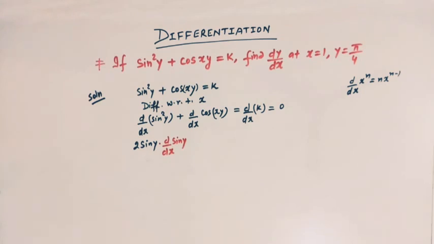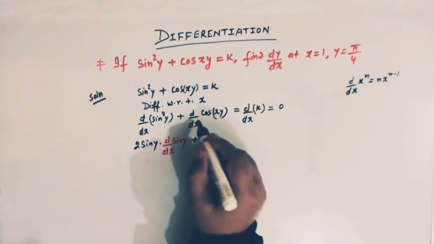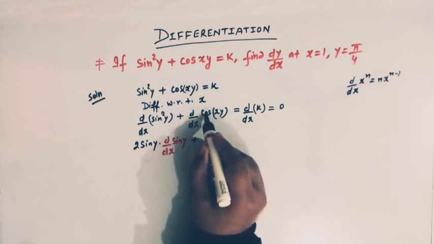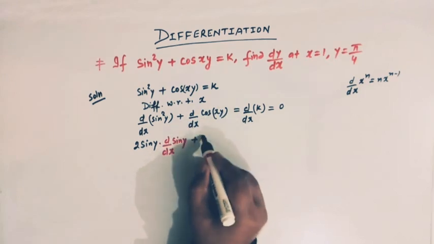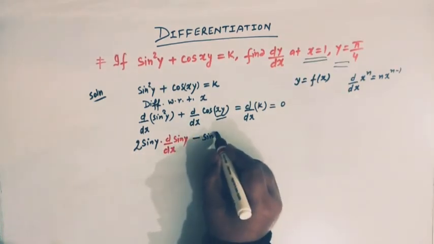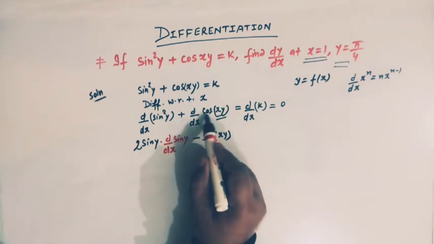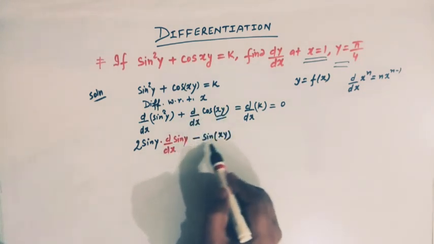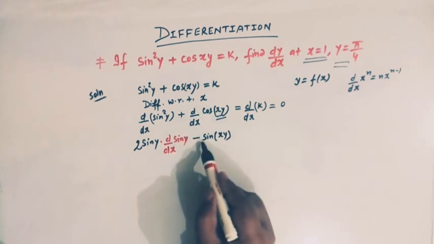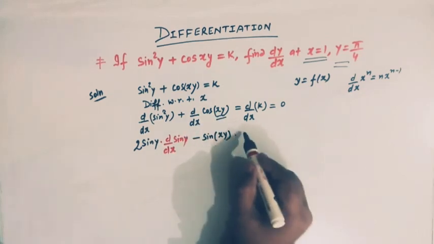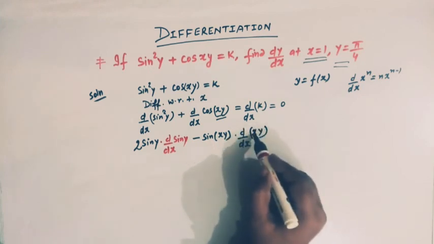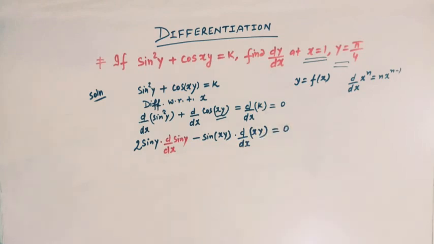Okay, now here we have the cosine function. So the derivative of cos xy is minus sin xy. The derivative of cos theta is minus sin theta. So here we have the derivative of cos xy as minus sin xy, and then by chain rule we have to differentiate the product x and y, right? And this is equal to 0.